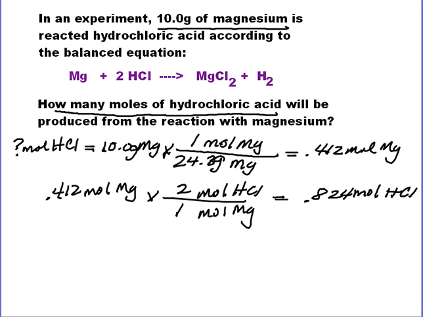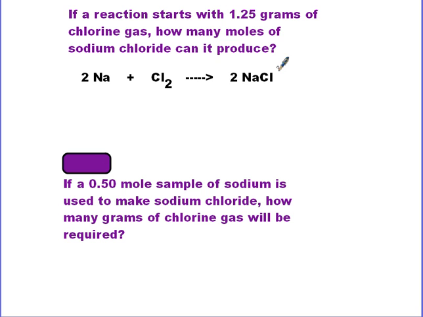I have another problem here for you. In fact, 2 of them. One of them where you're going to have to change it from grams to moles, and then this one down here where we're going to change it from moles to grams. You press that pause button. Good luck with this. I'll be here when you're done.